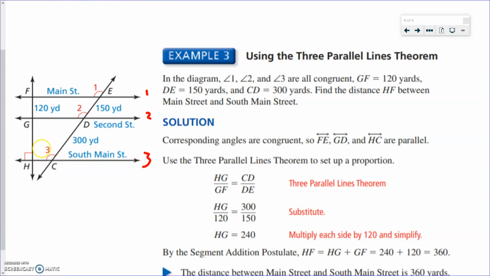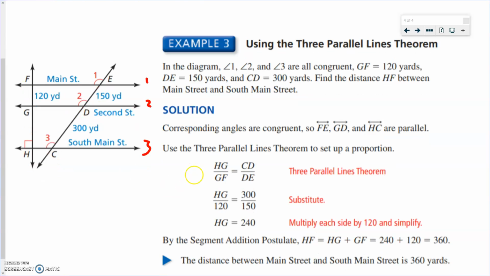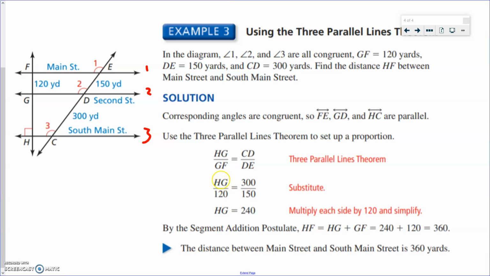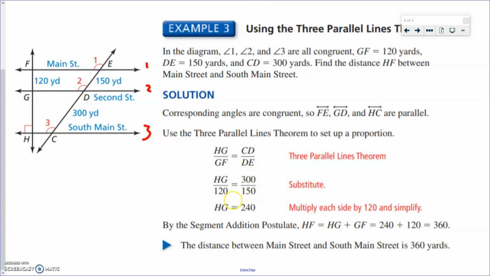So we know HG over GF equals CD over DE. So HG over GF, and GF is 120, equals 300 over 150. And once again, I would set this up using x over 120 equals 300 over 150.